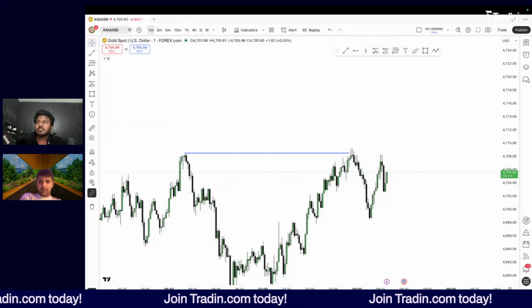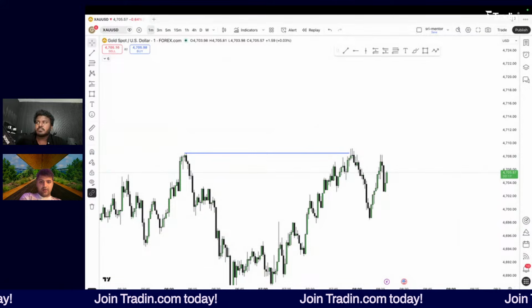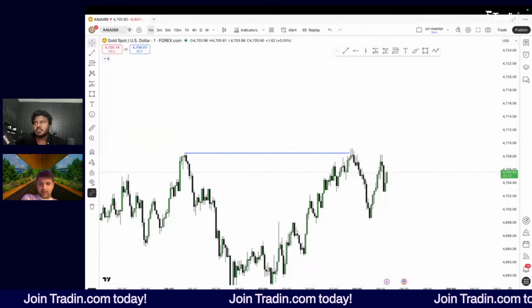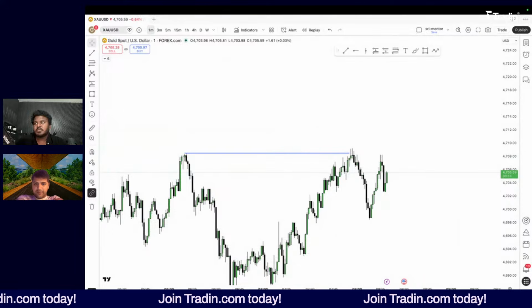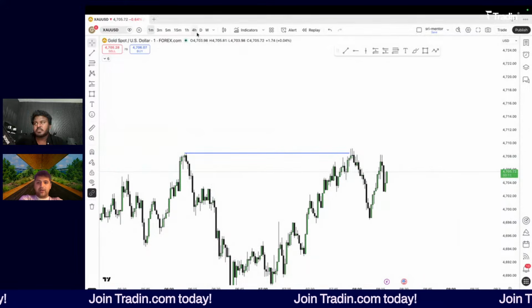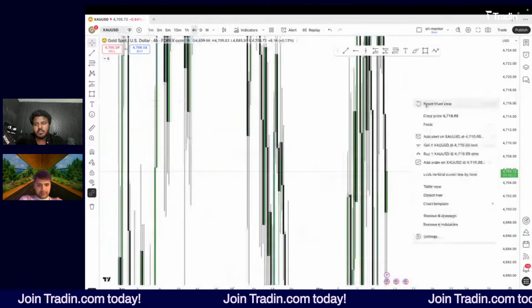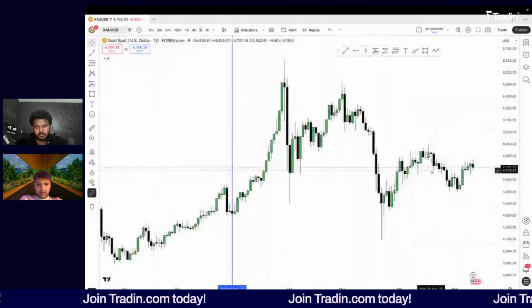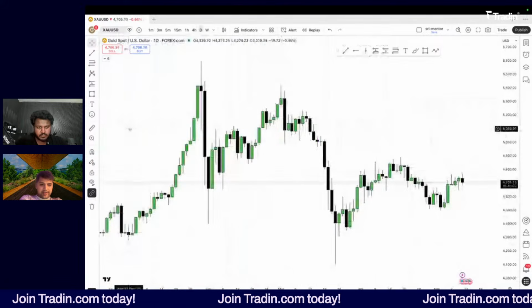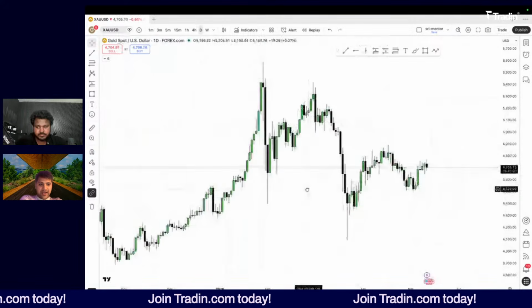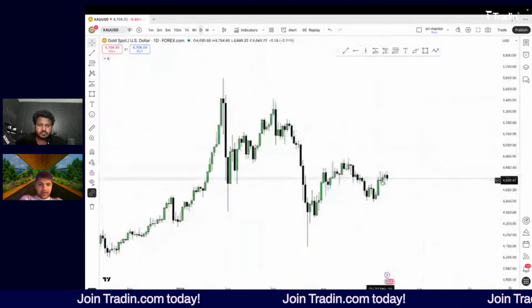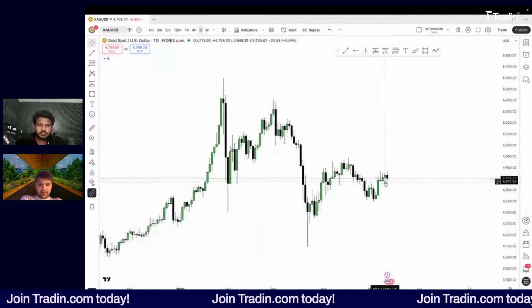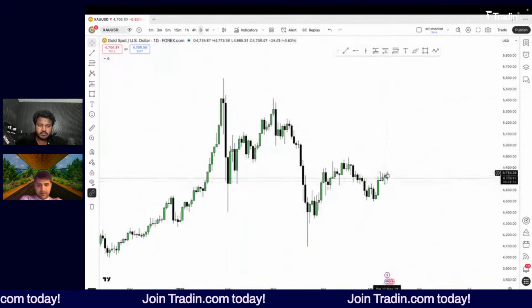If you go on the 4 hour time frame, or maybe on the daily, just start from the daily. You see the last three daily candles wicked out the 4750 level. Zoom in a little bit.